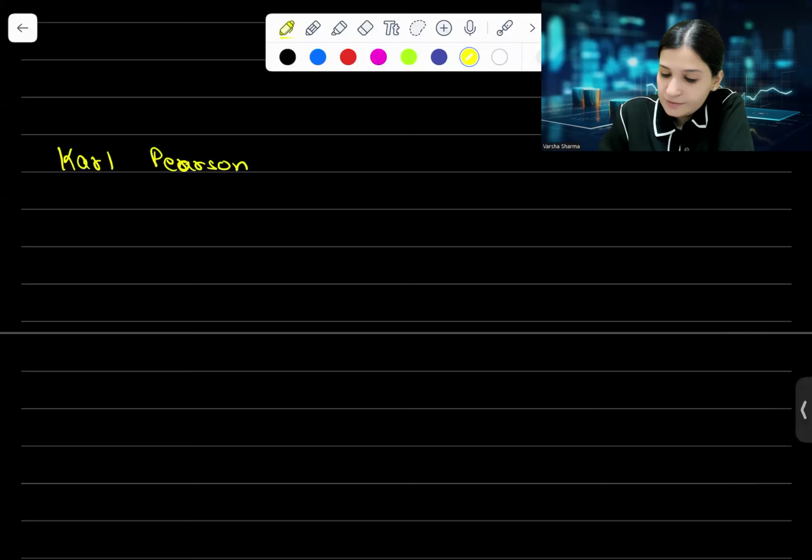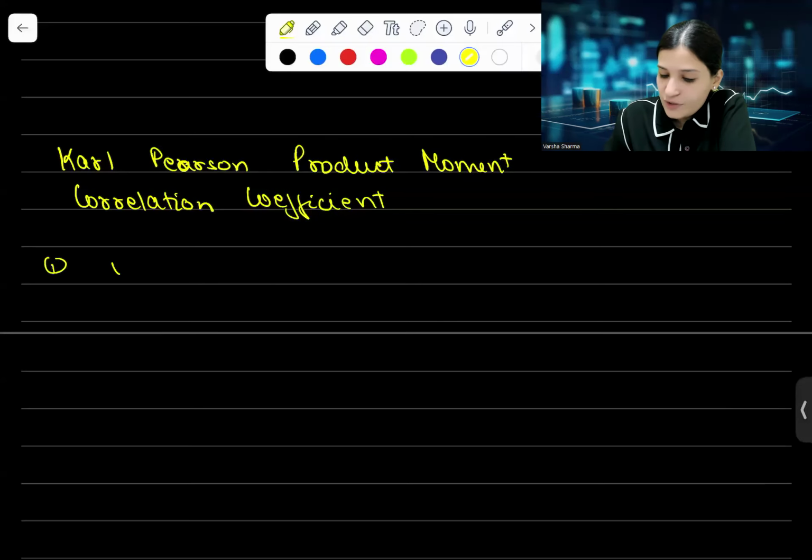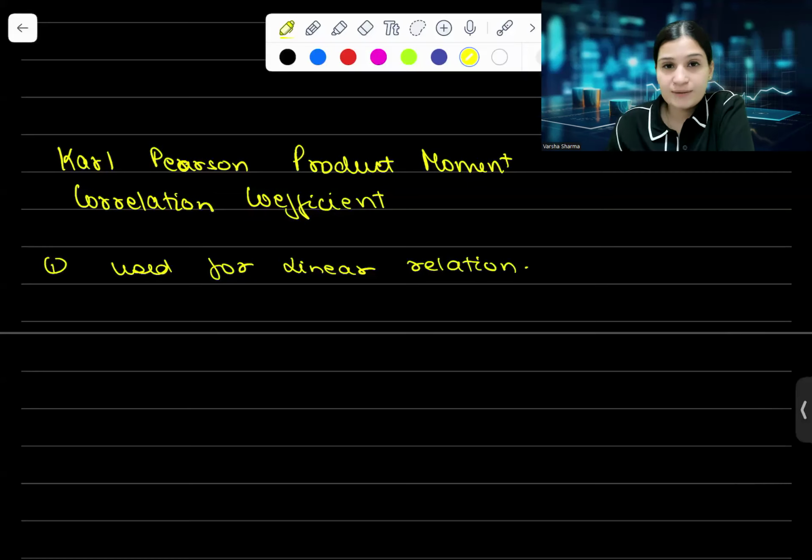Karl Pearson product moment correlation coefficient. Now this method is only used for linear relation. Otherwise, we don't use this.